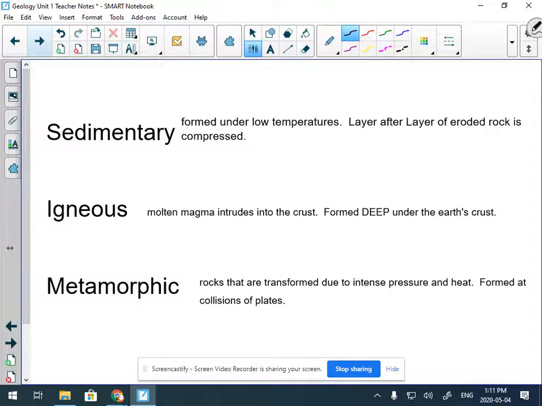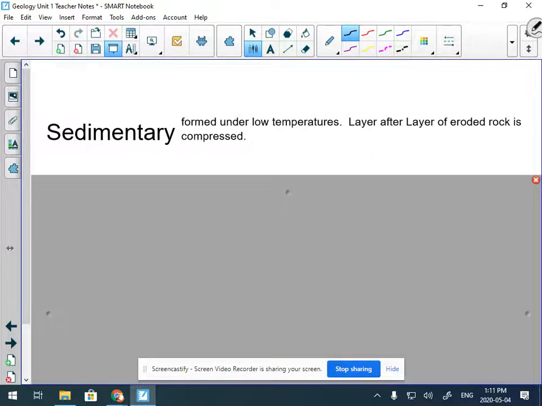So the last thing I'm going to leave you guys with are the three different types of rock. One is sedimentary rock. This rock is formed layer on layer on layer. It's like if you sprinkle dust on the ground and then over millions of years, every day you're sprinkling more dust, that dust will eventually form and get heavier and heavier and turn into a type of rock.